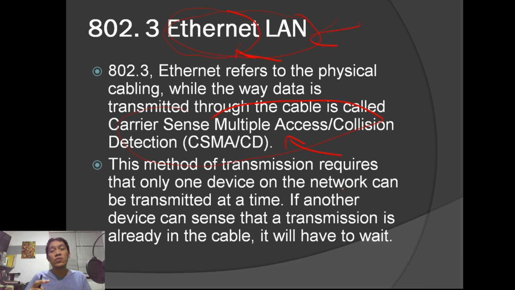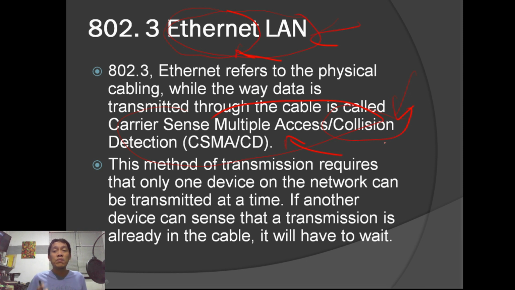With CSMA/collision detection, it allows transmissions and prevents collisions on the network. The colliding of our data at a specific time is what we call a collision. This means there may be two or more computers sending data at the very same time, which causes collision.